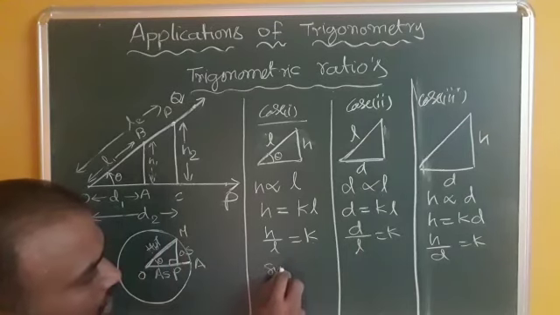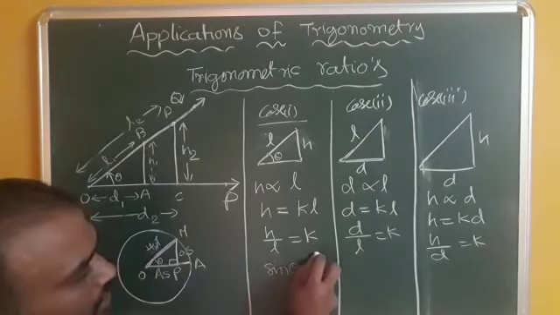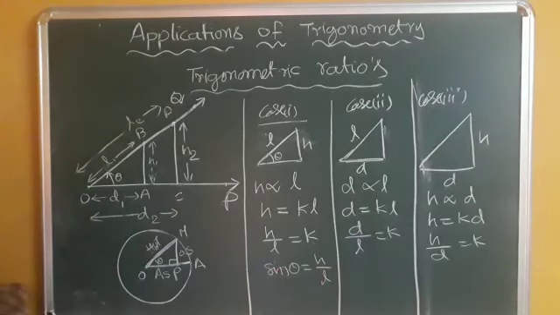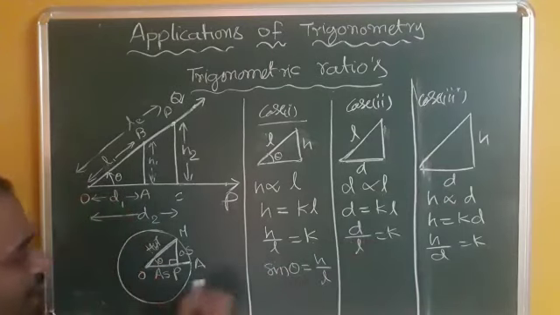Sin theta is opposite side by hypotenuse, that is H by L, and it is the constant here.